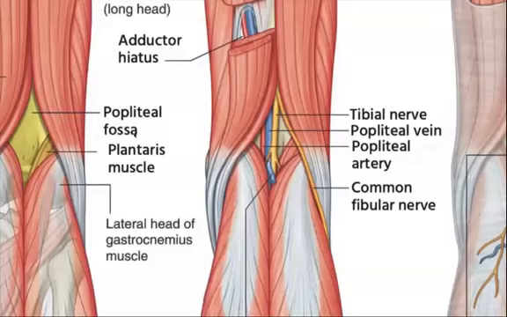Then the tibial nerve. Then you have the popliteal vein, and after that the popliteal artery. Sometimes you can have the lymph nodes, the posterior cutaneous nerve of the thigh, the genicular branch of the obturator nerve, but mainly these things. This is very important to say in your exam.